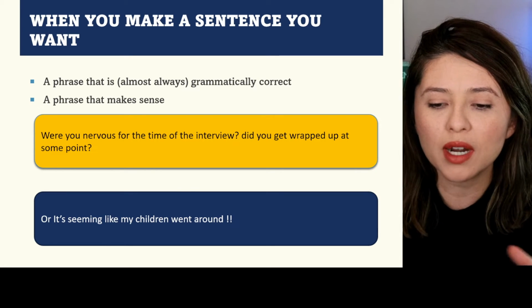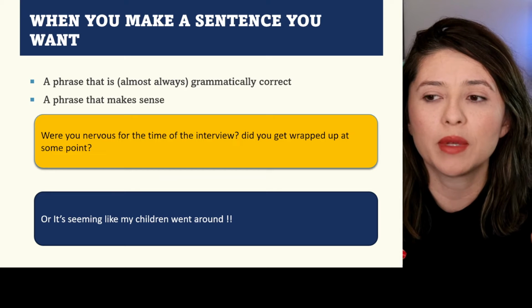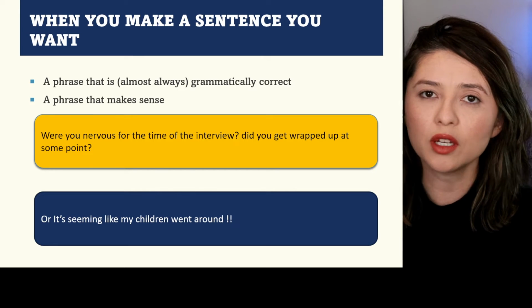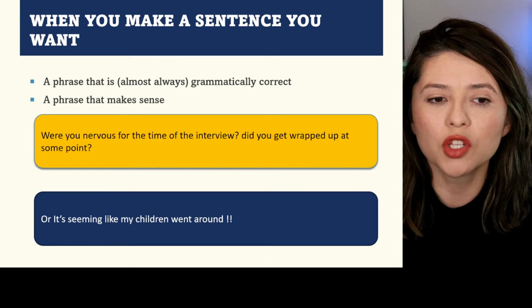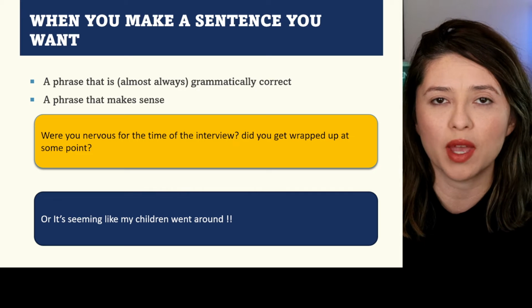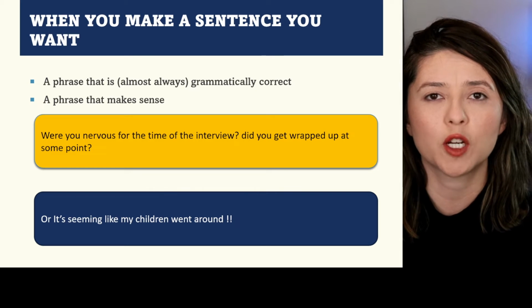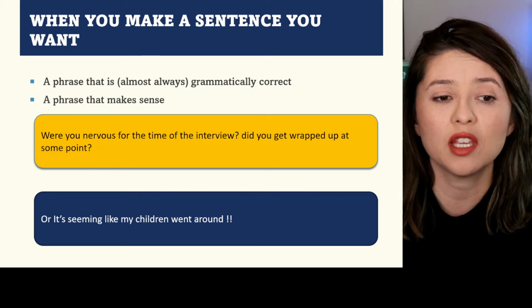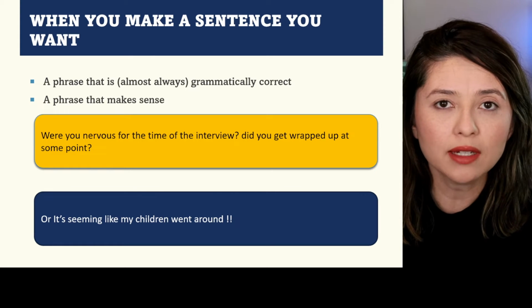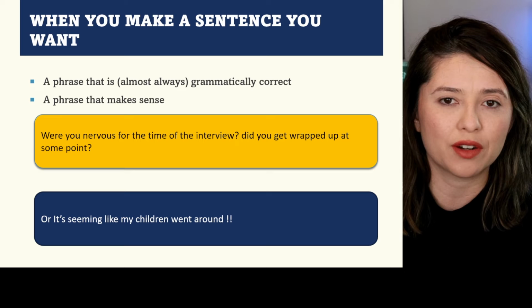So like they were around here, because it's so messy and his kids make a mess, so it looks like my children were there. So I wouldn't use the verb "go" in the past, which is "went," but I would use the verb to be, so "were around." So, it seems like my children were around. Then it would be more correct and it would make better sense.